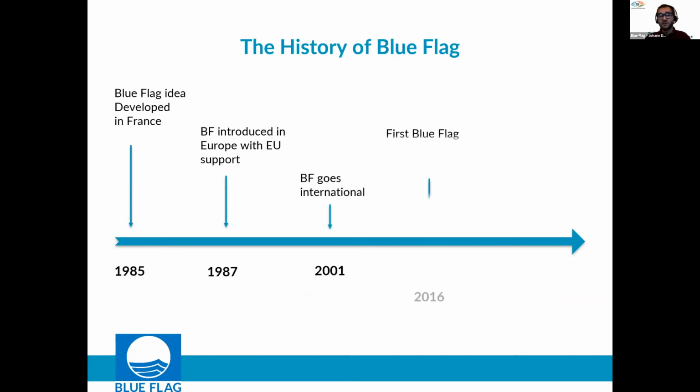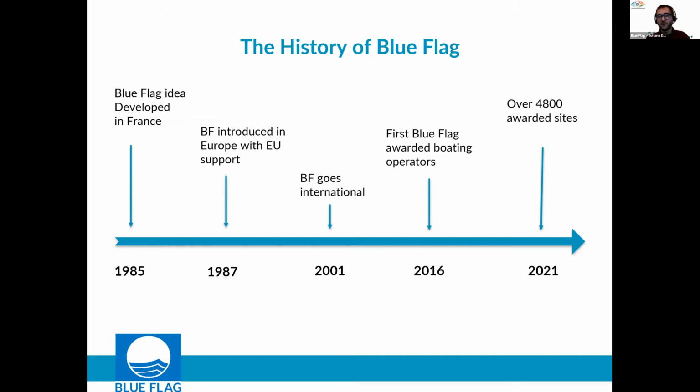A bit of history. It all came from a French idea back in 1985, an environmental education activity, actually. It was looking at the effects of the ocean current and the potential pollution from one single location and the impact that could have on different parts of the world on coastline.